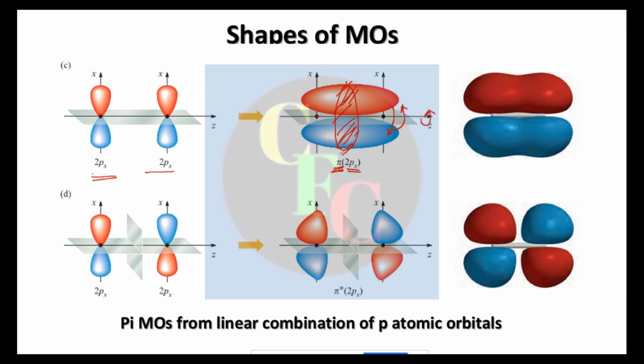There is nothing in between, and if the electrons are present in this kind of orbital, they will either reside here or here, not in between. So they retain their individuality, and so we call it anti-bonding, and we put a star here. This is our pi star molecular orbital now.